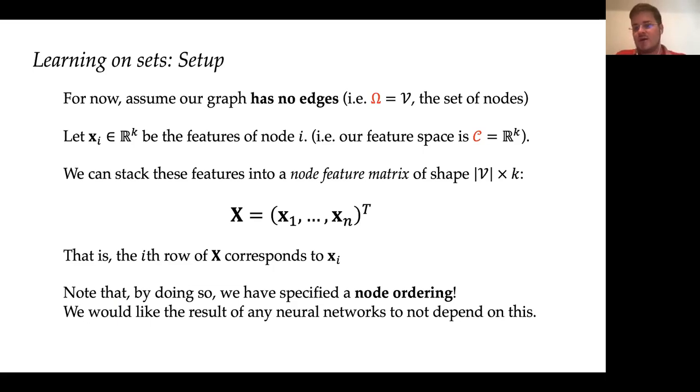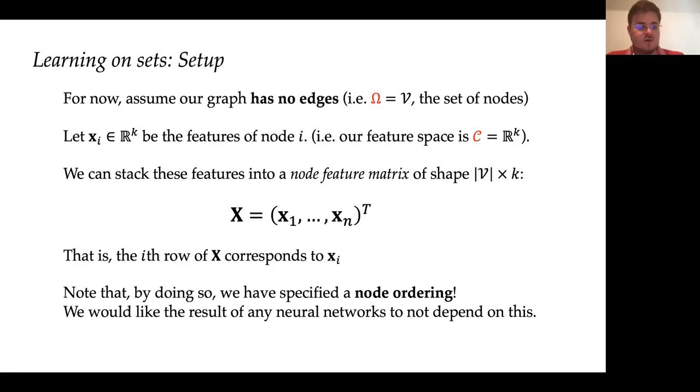Okay, so as I said, we're going to assume that we have a graph with no edges. Our domain omega will be just the set of nodes V. And in geometric deep learning, we typically want to deal with featurizing this domain in some way. So we will assume that node i has features x_i, which is a real-valued vector with k-dimensional features.